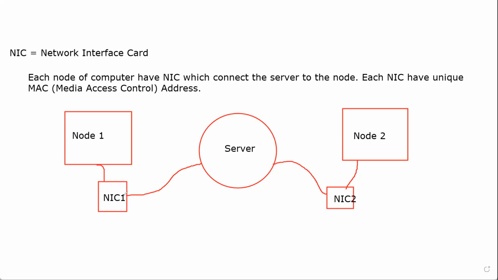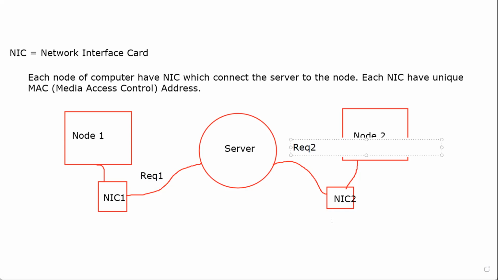Now you have to know that each NIC has a unique MAC address. From this MAC address, the server can easily identify which computer is going to request. Suppose one computer sends request 1, and another gives request 2.